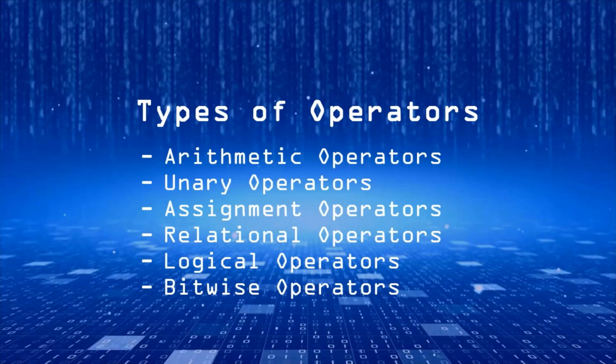Bitwise operators are not used much in C#. I believe these are used while working with binary, and mostly in C# we don't work with binary. So we're just going to understand the first 5: arithmetic, unary, assignment, relational, and logical operators. So let us get started.